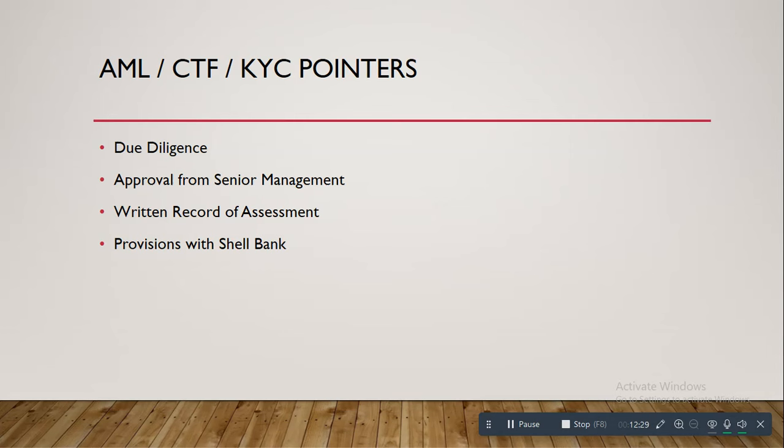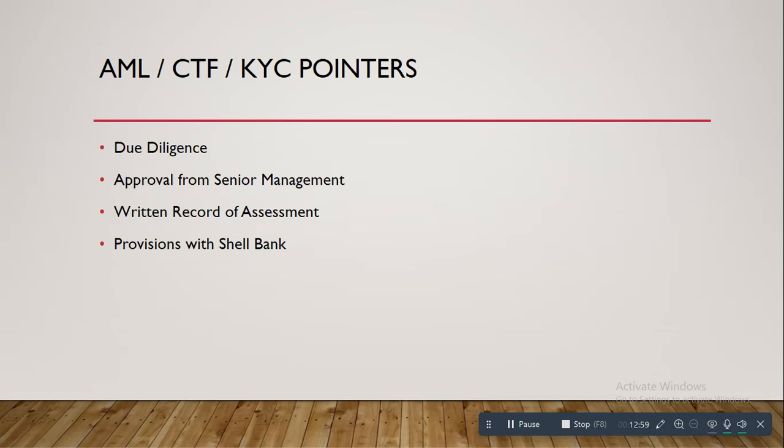This is required. The third thing is that there should be a written record of assessments. What was done, how the assessment was done, how the due diligence was done, what questions were asked of the respondent banks, what the respondent bank replied, what the guidelines, regulatory compliance, laws and regulations are, everything down to the last point should be maintained in a record.